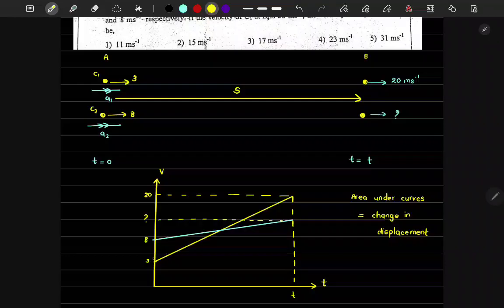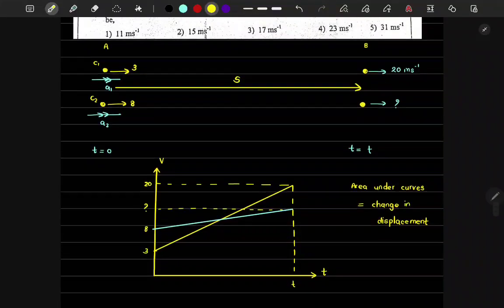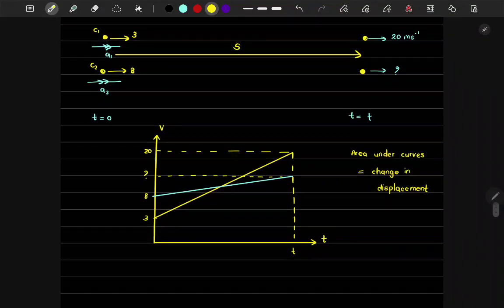If the area under the curves are same, we can equalize the areas to find out what this value is. So let's take that as V and simply do the calculation.